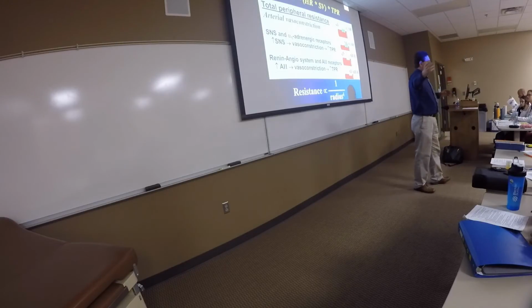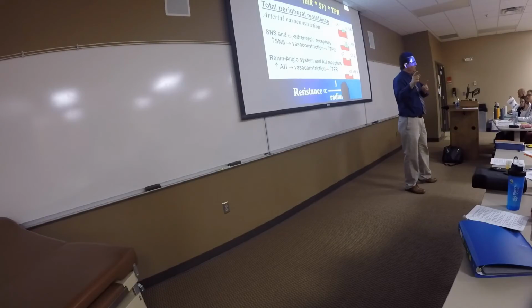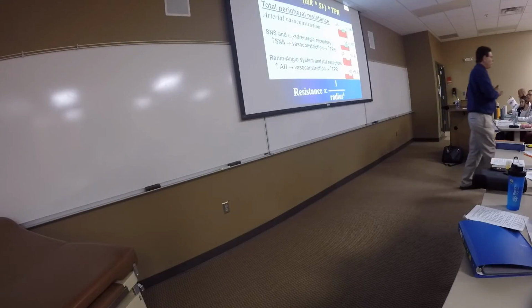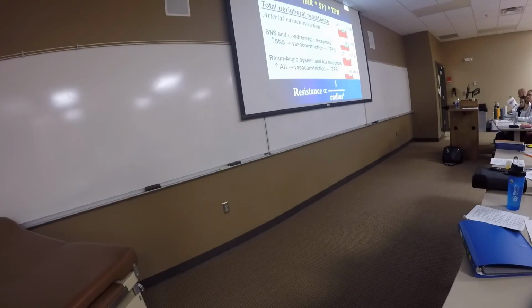So once again, vasoconstriction, vasodilation, something in the middle. It's always sliding one way or the other. For vasodilation, what you need to remember are those local metabolites. Local metabolites cause vasodilation, and that reduces total peripheral resistance.